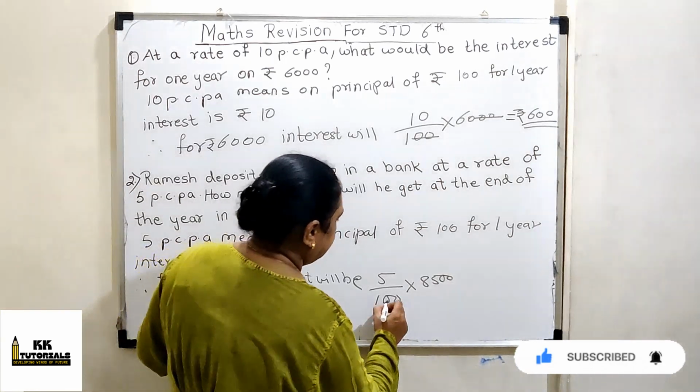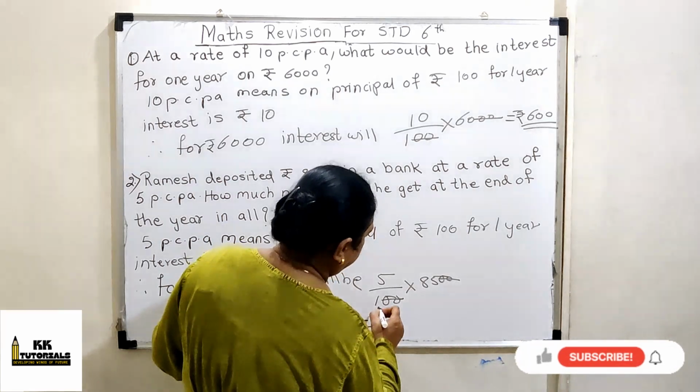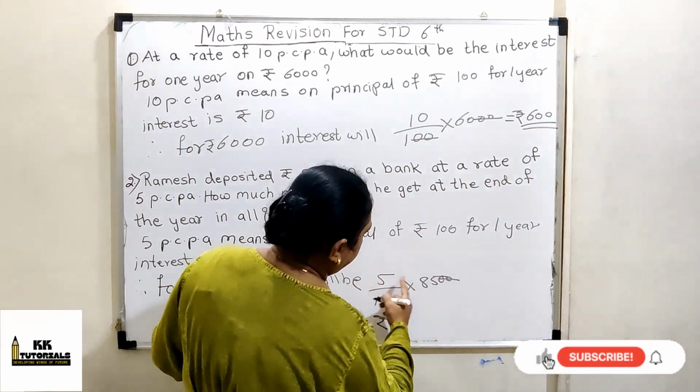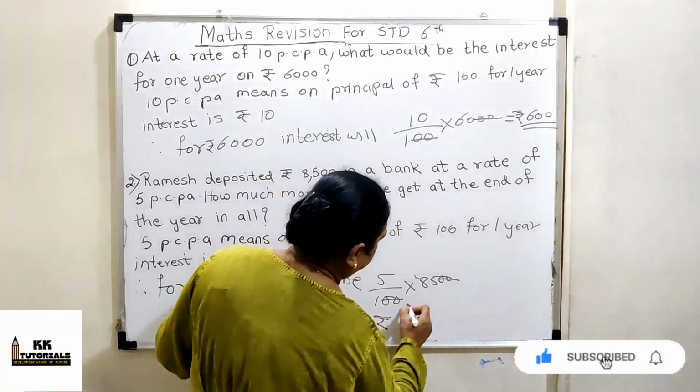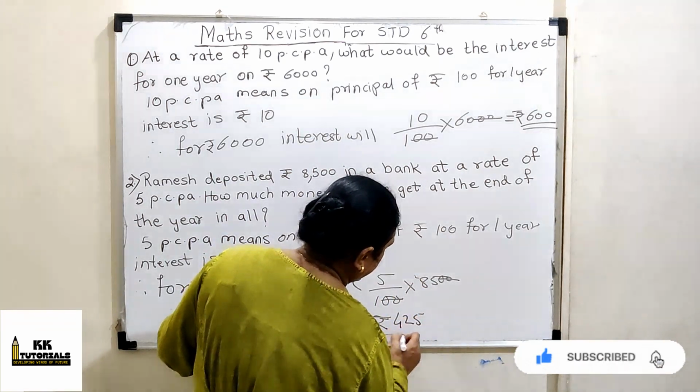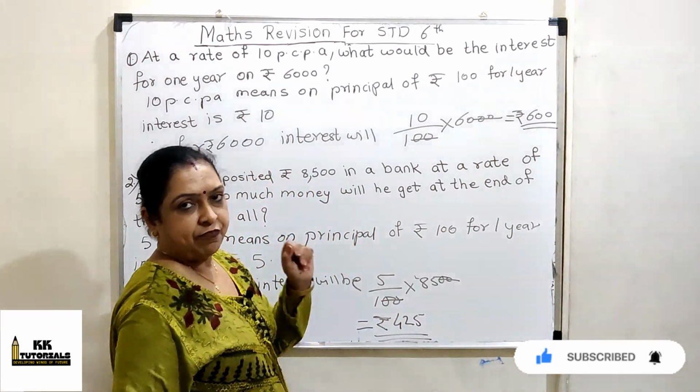Understood? These two zeros will get cut with these zeros. Now, rupees 25, 5 is a 40, 42. So it is 400 and rupees 425.